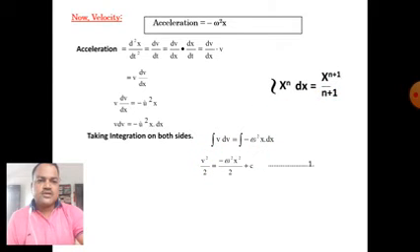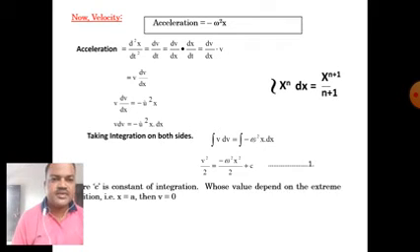Here in equation 1 the value c arises, so c is called the constant of integration, because it arises whenever we integrate an equation.